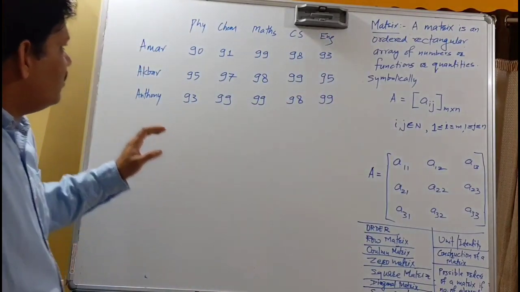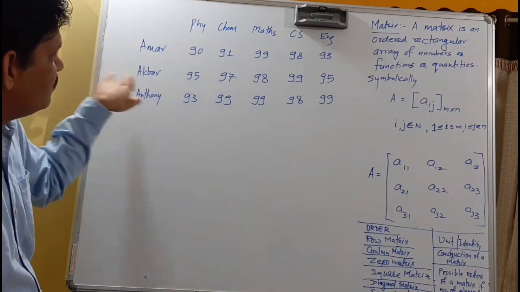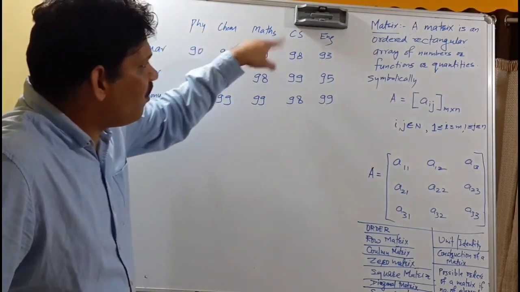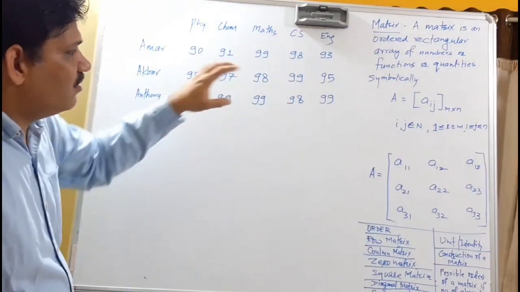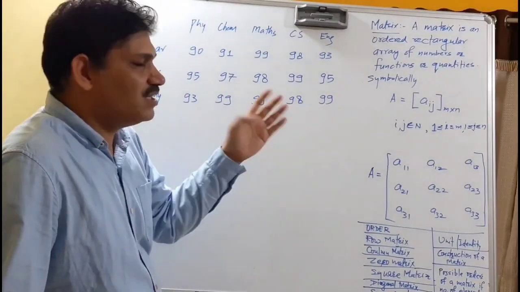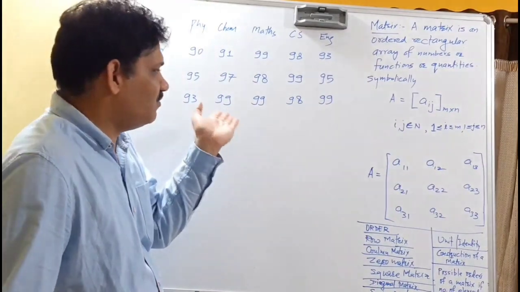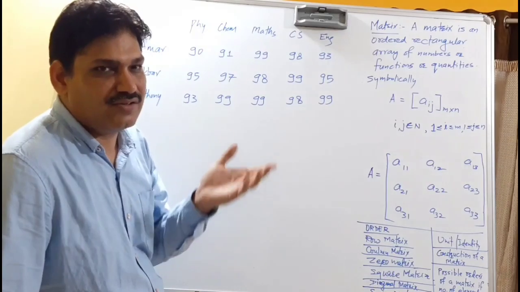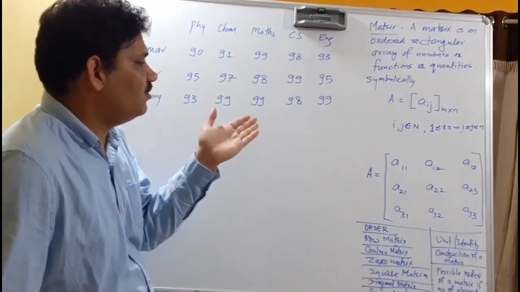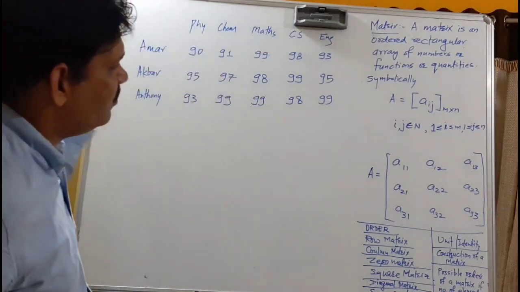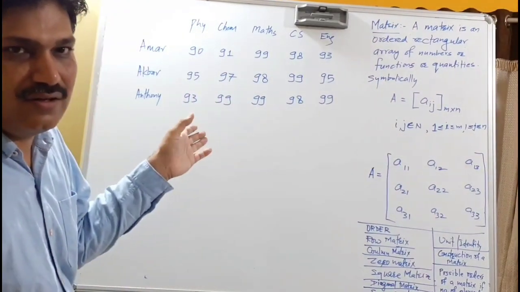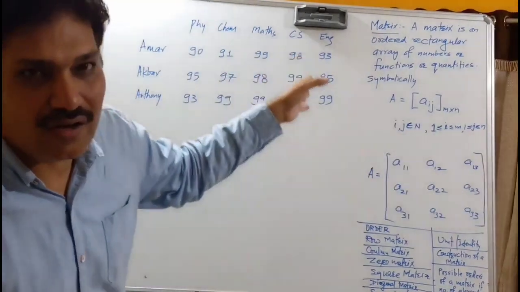So we can see here there are 3 rows and 5 columns. The rows and columns are same as we have seen in Microsoft Word or Microsoft Excel. You know, horizontal lines are rows and vertical lines are columns.